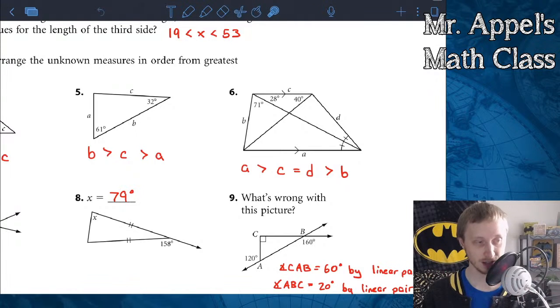These things share sides. Based on the measurements given, we know A has to be bigger than C. And C actually ends up the same size as D, which has to be bigger than B. So you look within a given triangle at where those two sides compare to each other, compared to the known angle lengths, right?